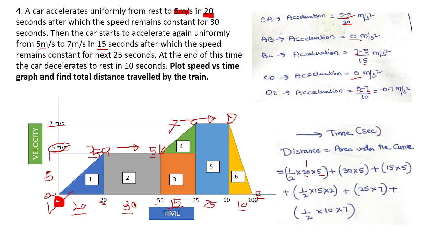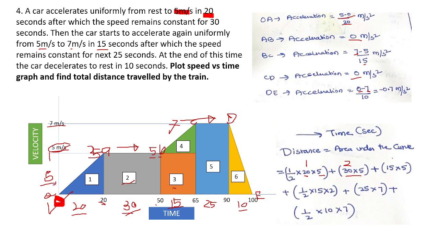Number 2 is just a rectangle: 30, and the height is 5, so you have 30 and 5, and so on. Number 3 is also a rectangle, this is 15, and the height is 5.